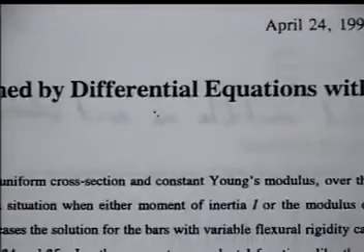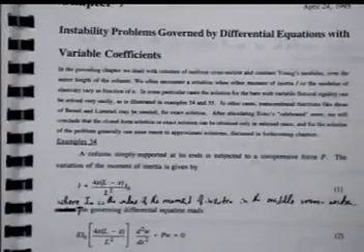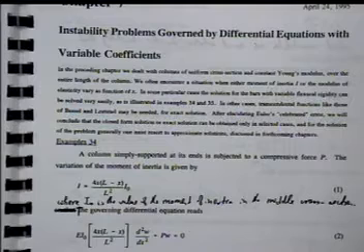This part was written a very long time ago, as you see, on April 24, 1995. Since then I did not come back to this chapter, because when I'm teaching selected topics, I do not teach the entire thing every time. So I did not make any corrections since then.